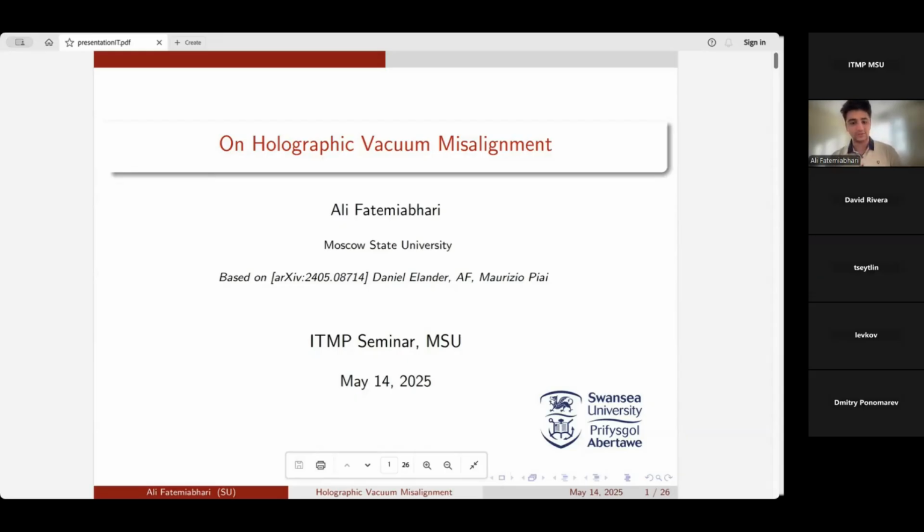So first of all, I will go through some introduction and background material about what the so-called hierarchy problem or the naturalness problem of the standard model is, and what the proposed methods are to tackle this issue.